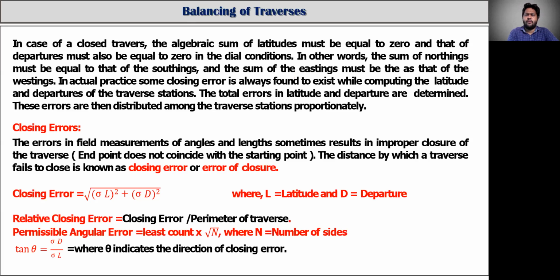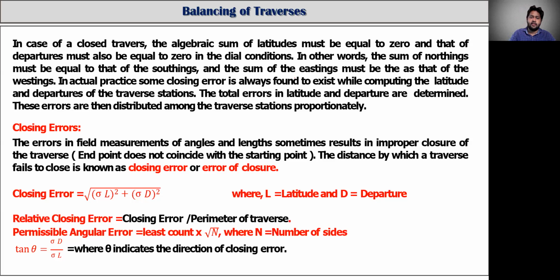So balancing of traverse: how to balance this, we will get some errors, and how to minimize those errors is important. In a closed traverse, the algebraic sum of latitudes must be equal to 0 and that of departures must also be 0. In other words, the sum of northings and sum of southings are equal, and easting and westing should also be equal. The total errors in latitudes and departures are determined.